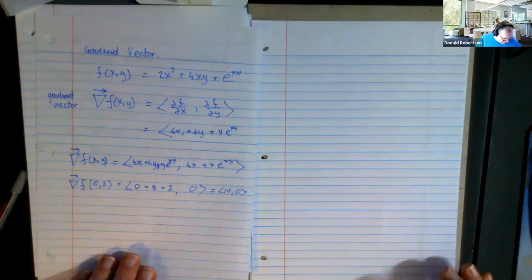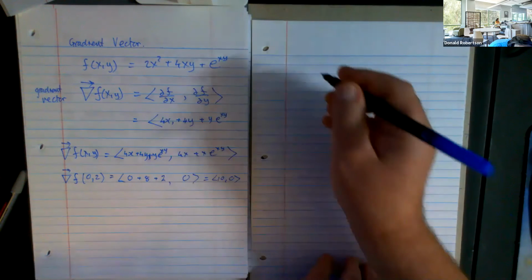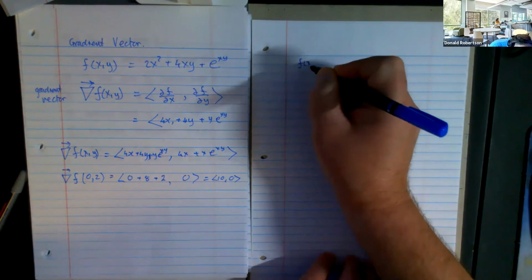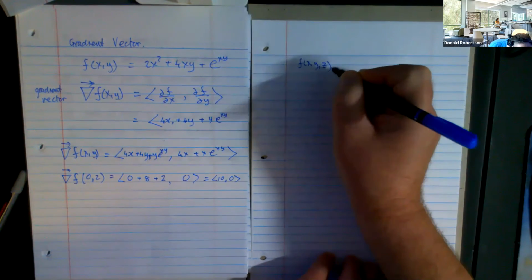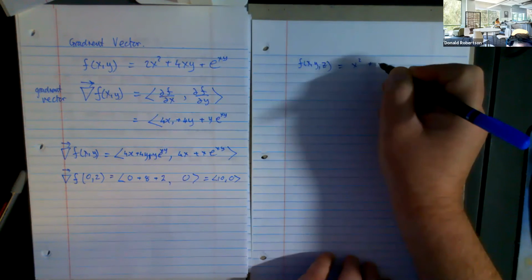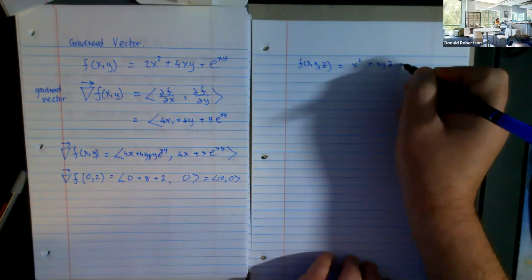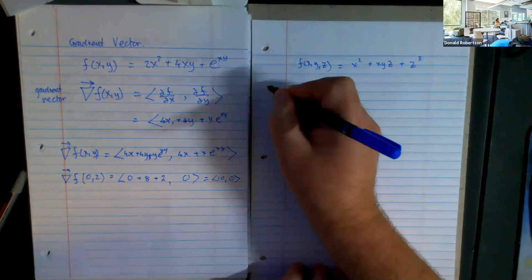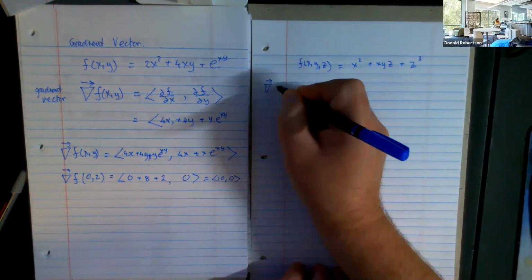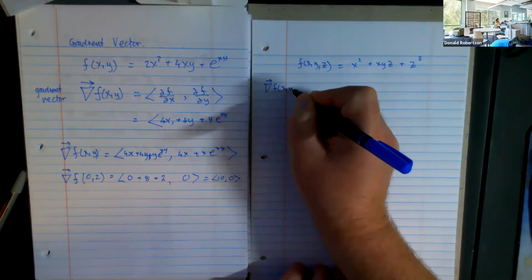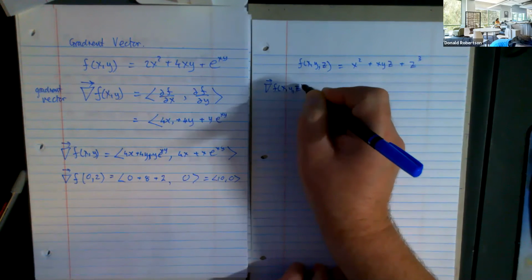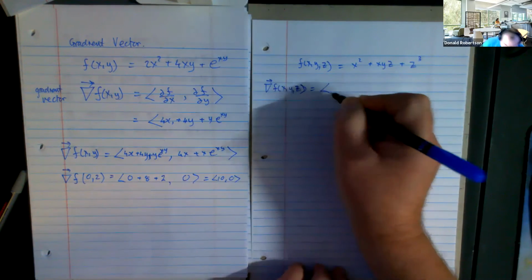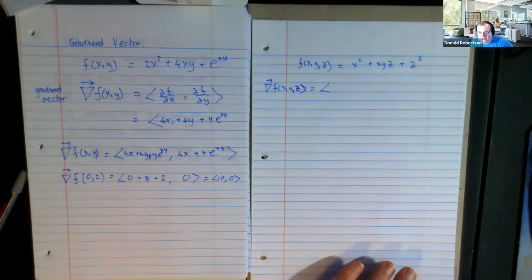You can also get three-dimensional gradient vectors. So let's suppose we have f(x, y, z), and it's x squared, x y z, plus y cubed, z cubed. Now the gradient vector, you should not be surprised by this formula.